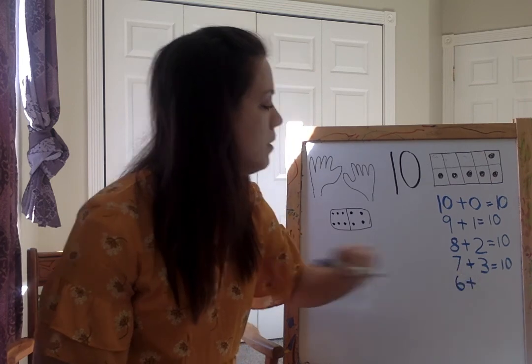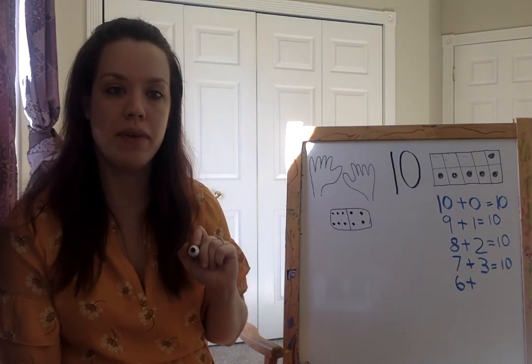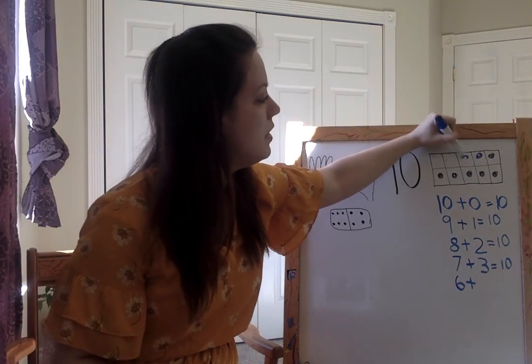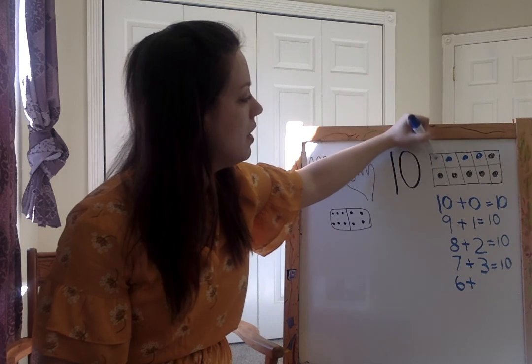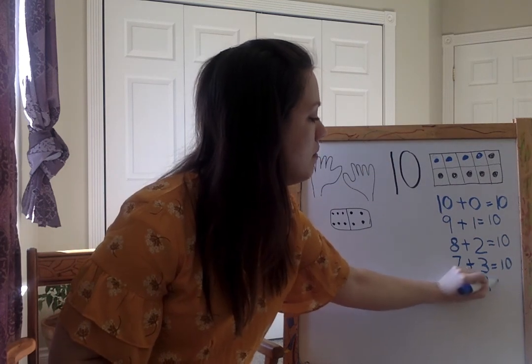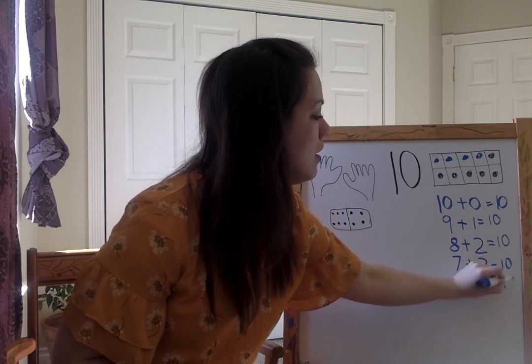And how many more will we need to fill up so that we have a full 10 frame? Let's count them together. 1, 2, 3, 4. 6 and 4 make 10.